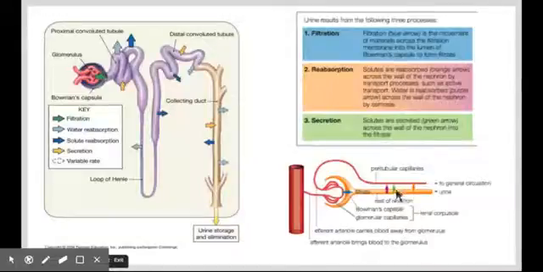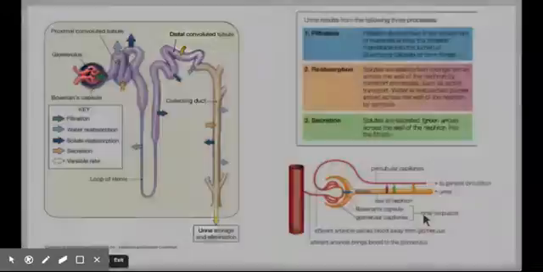Now, technically, these two arrows should be switched around, because we reabsorb solutes, so the green arrow should be the other way around.